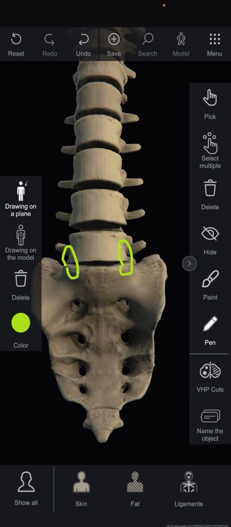Then they make the lumbosacral joint. But this is not about joints; we are discussing osteology, so we will come back to our topic.